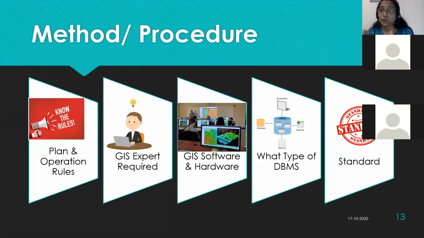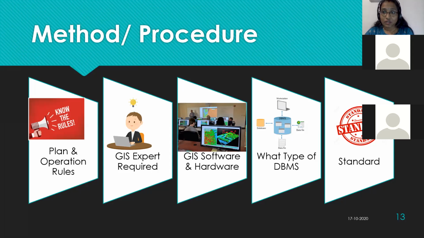Next, moving on to procedure or method. So what is that procedure and method? First thing, before starting any GIS project, or any other project, you have to plan a systematic method from planning to execution and presenting it to the client. Plan that project.